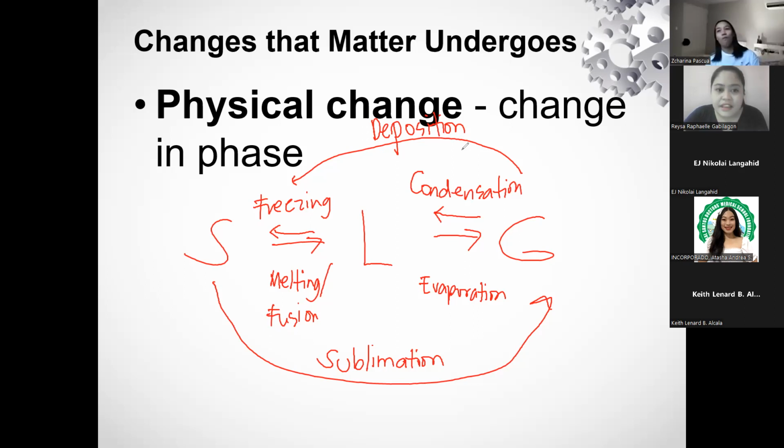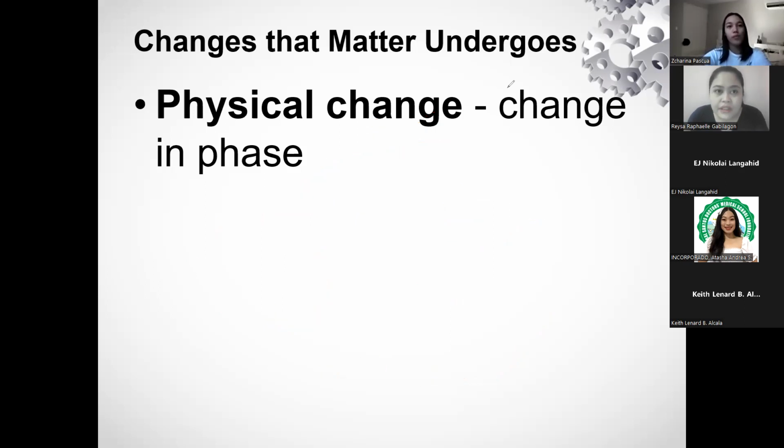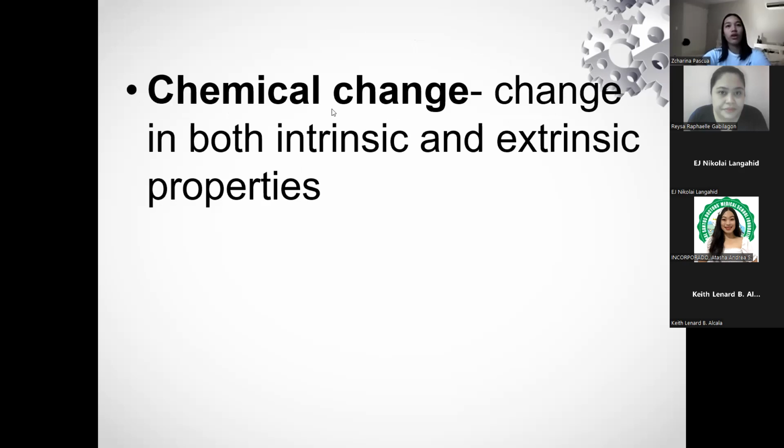Okay? So yan yung tinatawag na physical change. So kagaya ng butter, if the butter melts, that is just a physical change kasi it is still butter. Nag-melt lang siya. Okay? From solid, naging liquid siya. Yeah, that's physical change. Now, how about the chemical change?